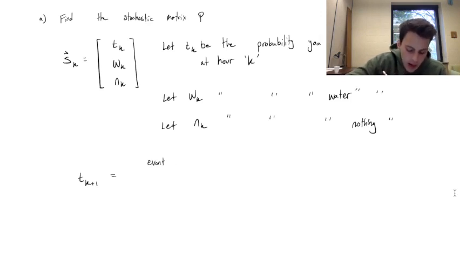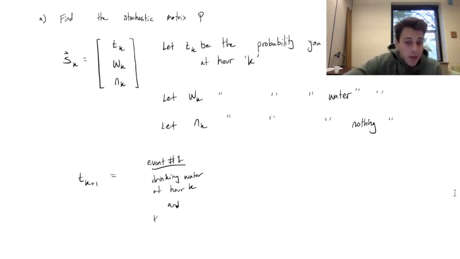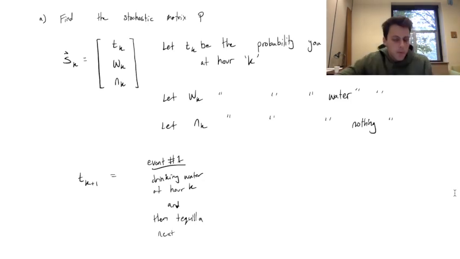This could be you're drinking water at hour K, and then you start drinking tequila the next hour. This is one event that could happen that would lead to me drinking tequila in the following hour. But this is only one event.